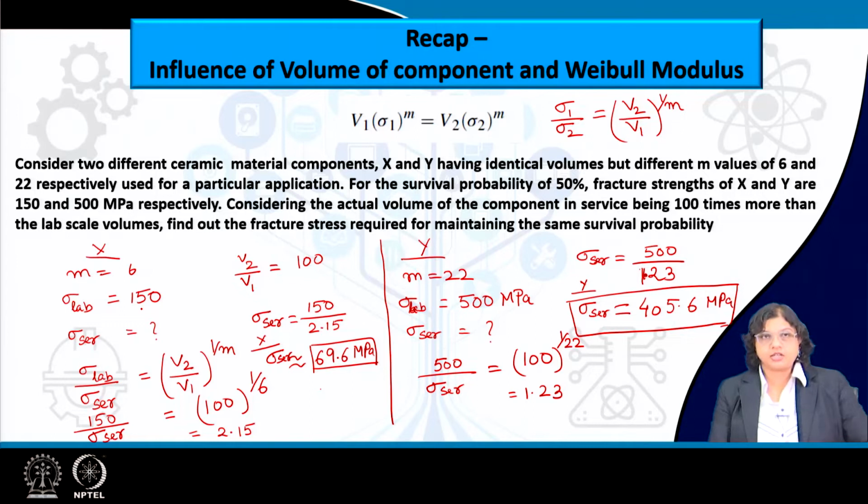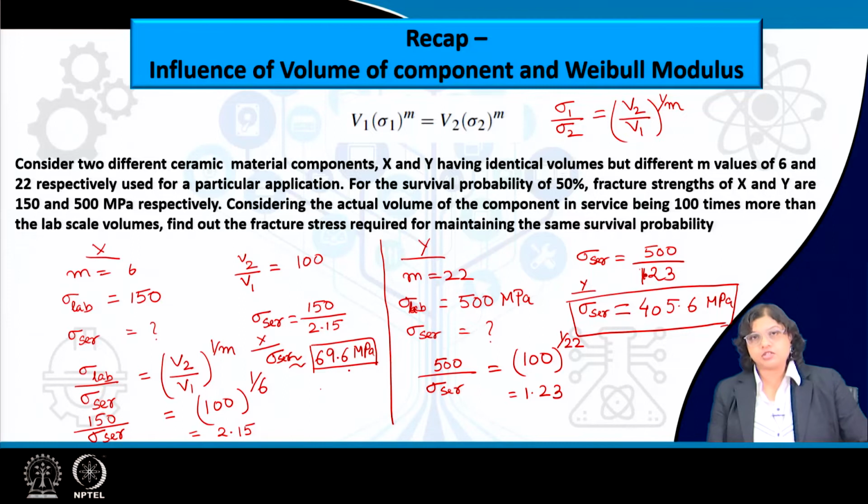So, if we pretend that this is the value that we are going to get in actual practice, we will be totally wrong, and we need to find out what the actual fracture strength would be at service depending on the volume of the component that will be used in service. And we see that this has been reduced by more than twice the value, actually by a factor of 2.15, and it comes down to 69.6 from 150.